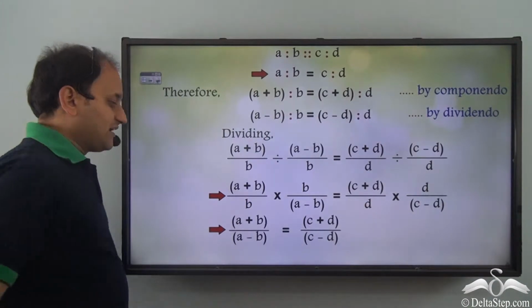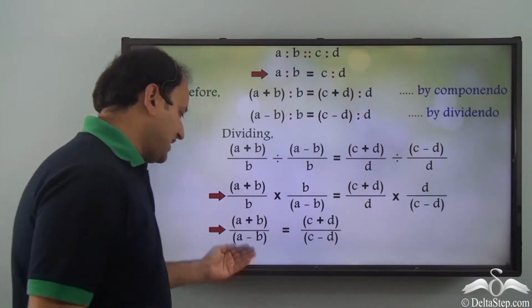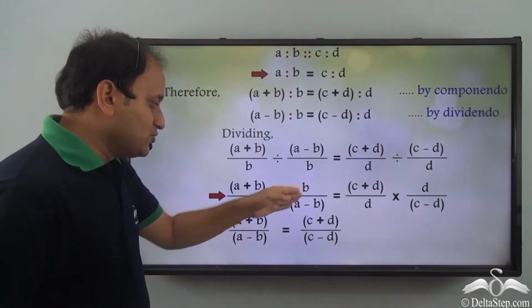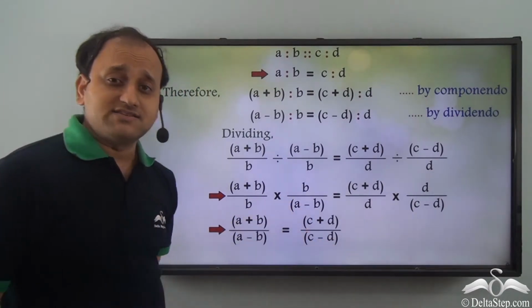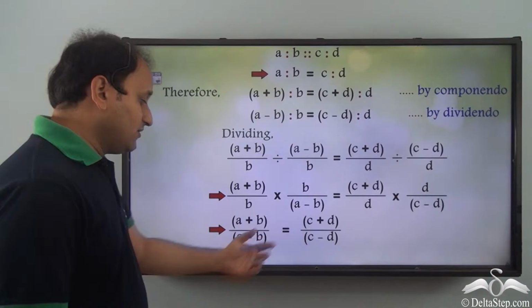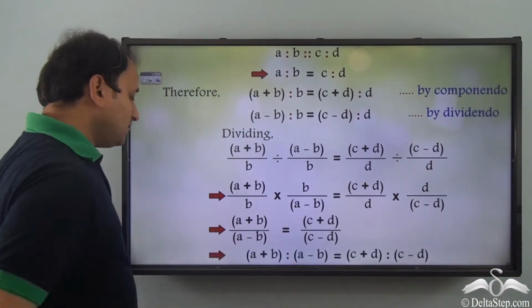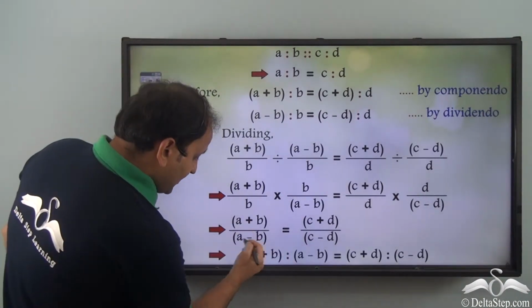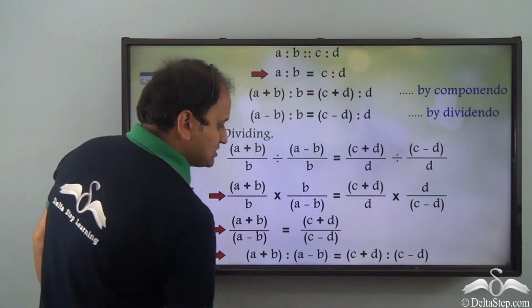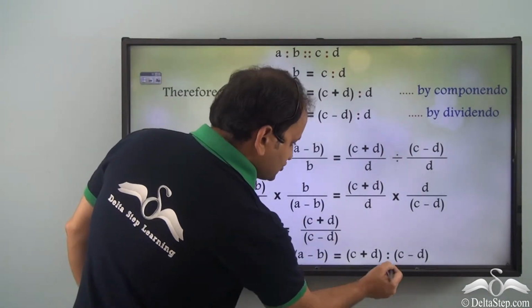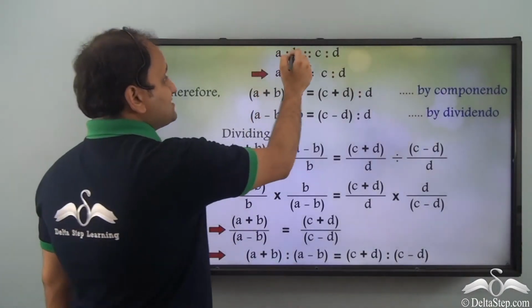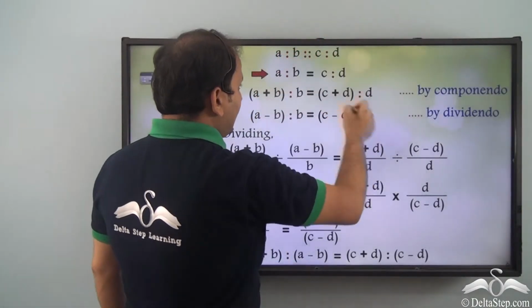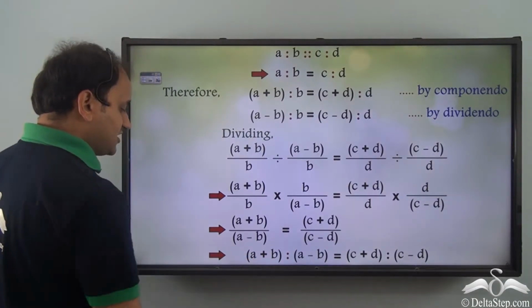So we can write it as A plus B by A minus B is equal to C plus D by C minus D. Now, if we write this in the form of proportion, then what do we get? We get A plus B is to A minus B is equal to C plus D is to C minus D. So we have A is to B is proportional to C is to D, and from that we deduce this relationship.